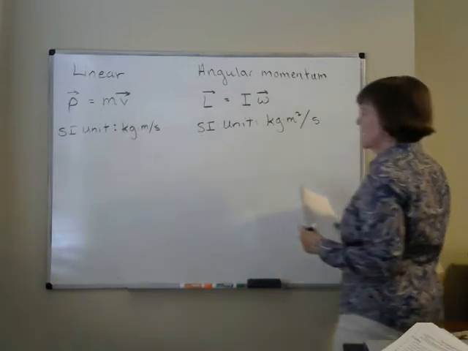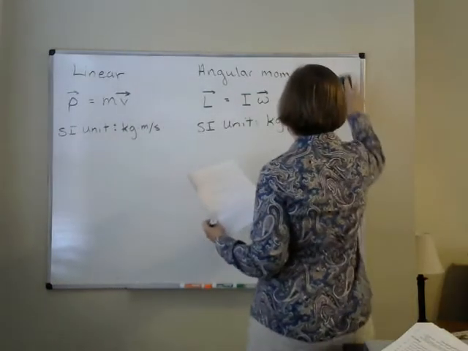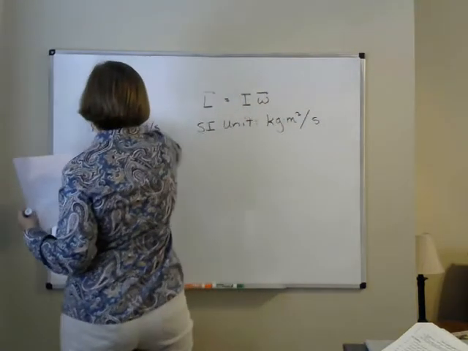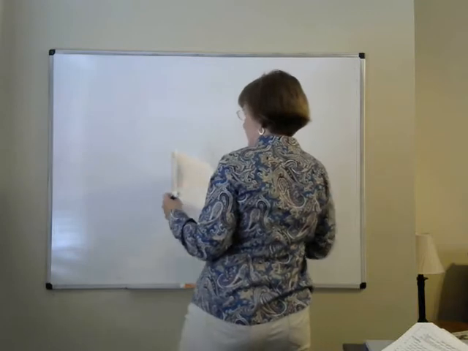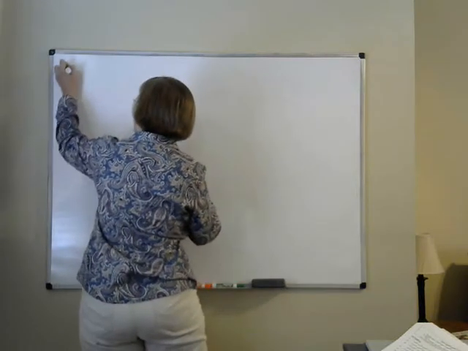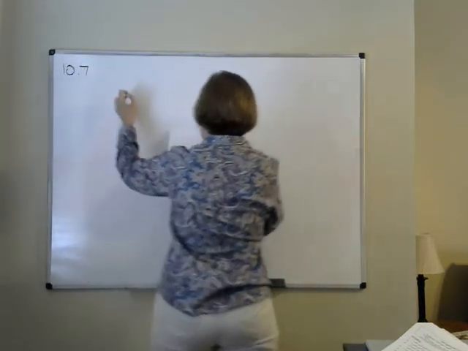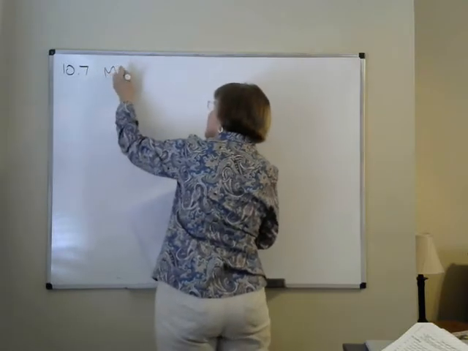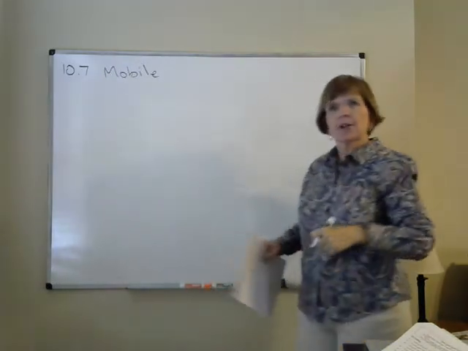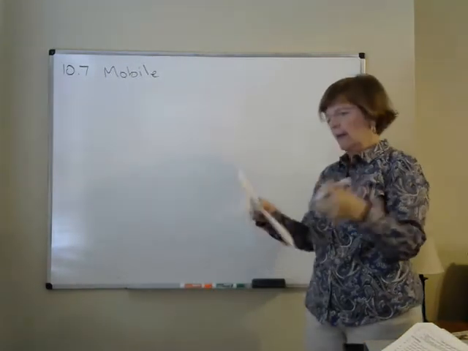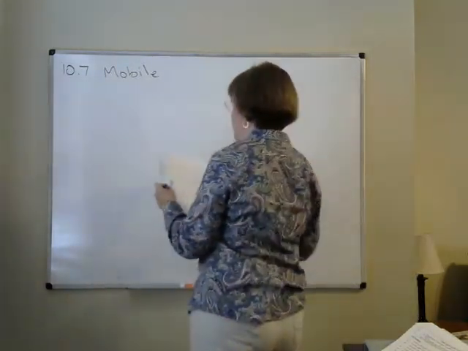Let's look at an example. I'm going to erase this to have a little bit more room. I believe this is example 10.7, but it's about a mobile. You remember making mobiles for solar systems and planets or art class. And this is a really simple mobile.